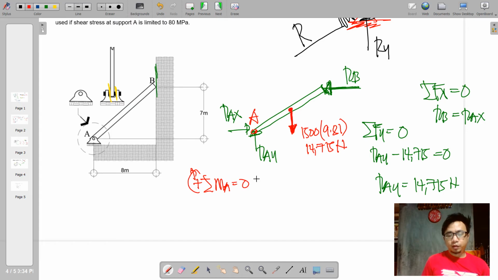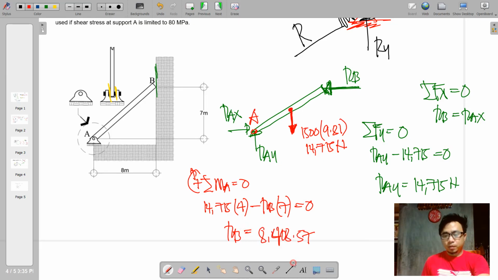We have a clockwise rotation of the weight, 14,715 times half of 8, it is actually 4, and then minus a counterclockwise RB with a moment arm of 7. So this shall now equate to 0. Hence, RB is equal to 8,408.57 newtons.